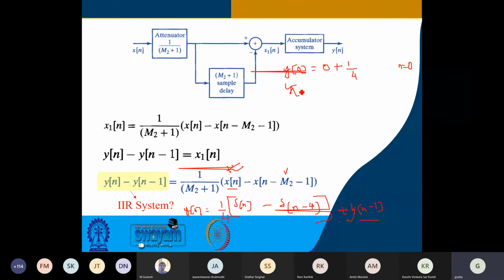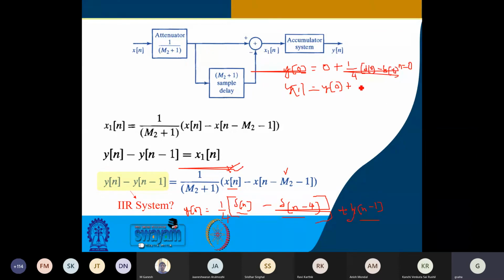y1, that is the n equal to 1 case, is y0, which is non-zero, plus 1 upon 4 del 1 minus del minus 3. Earlier this was del 0 minus del minus 4, the previous case.